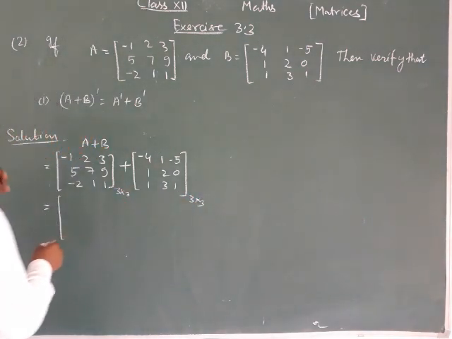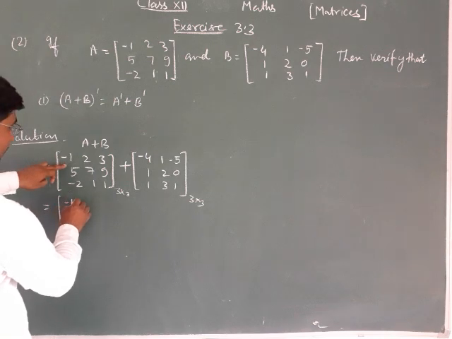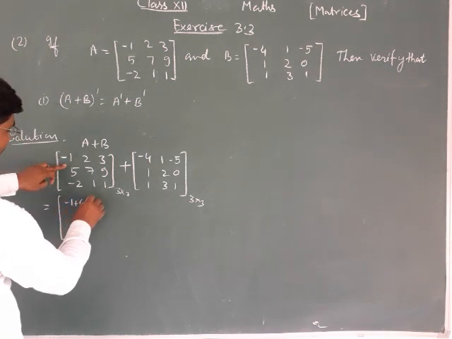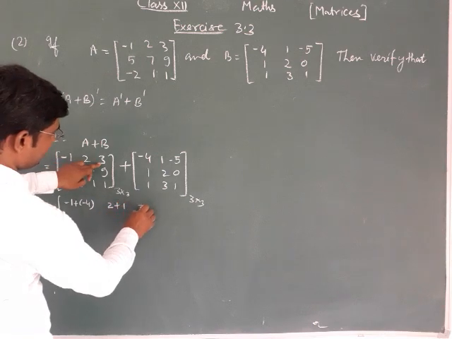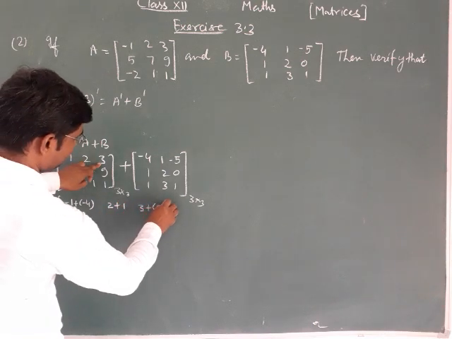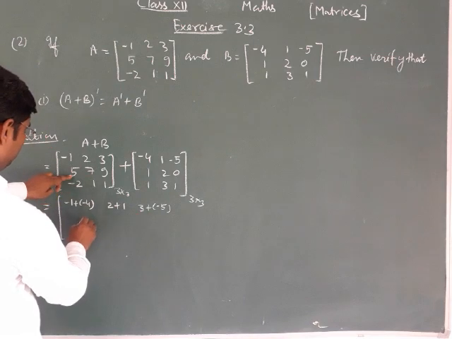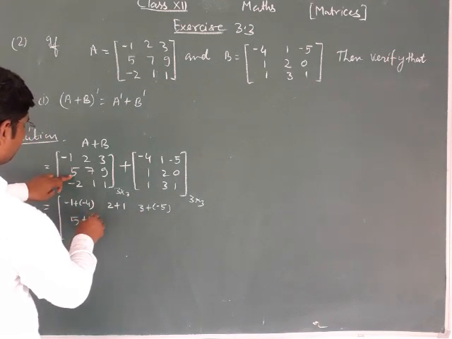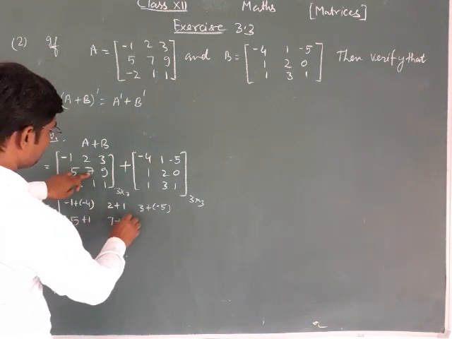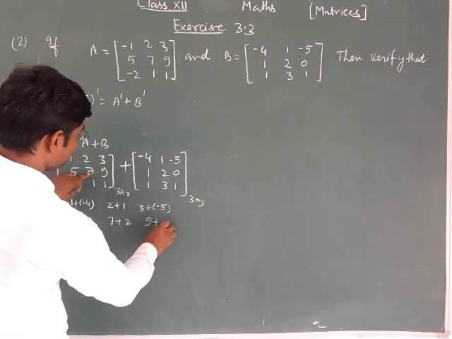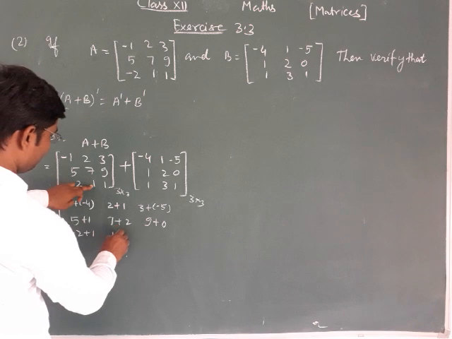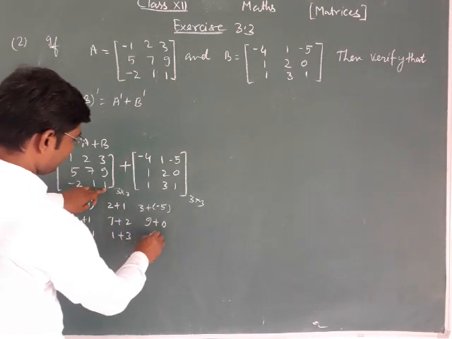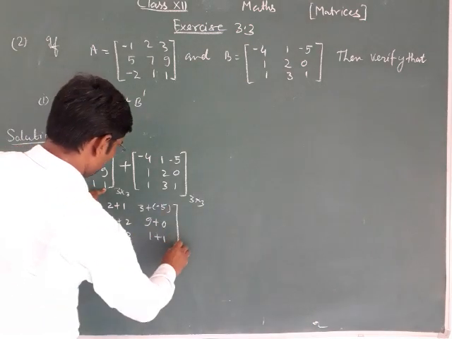So addition is possible. So minus 1 plus minus 4, and 2 plus 1, and 3 plus minus 5. Also 5 plus 1, and 7 plus 2, 9 plus 0, and minus 2 plus 1, 1 plus 3, and 1 plus 1.